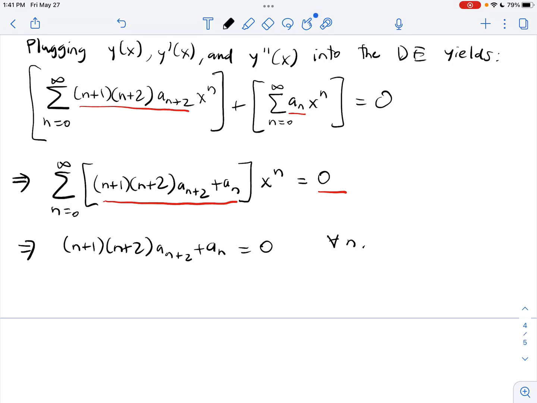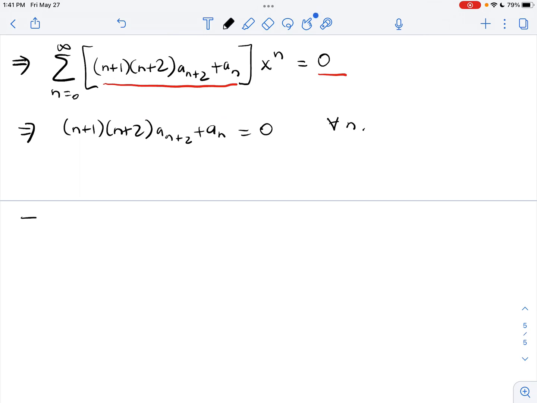So this means, let me do this on the next page, okay? This means that if I use algebra to solve for a sub n plus 2, I actually get that this is equal to negative a sub n, so I'm just taking a sub n and moving it to the other side, and then I'm dividing by n plus 1 times n plus 2. So this is what we get for all n.